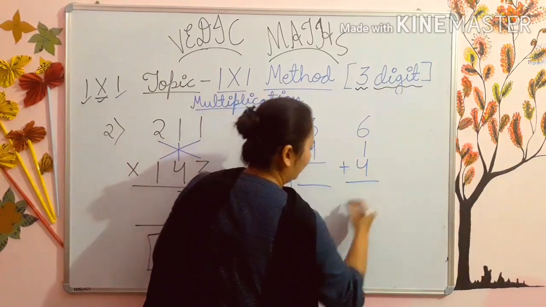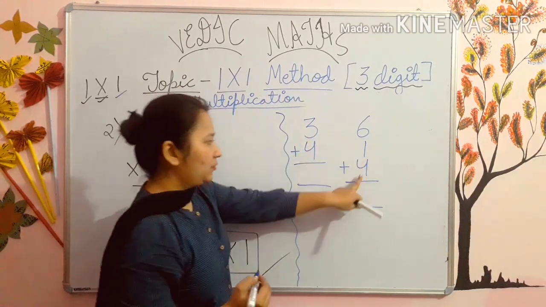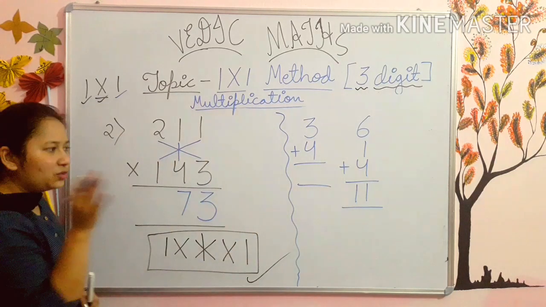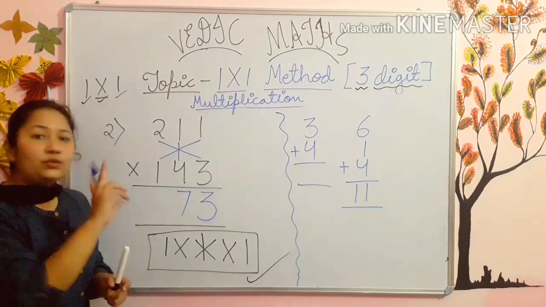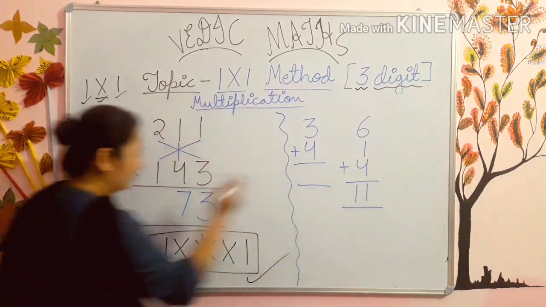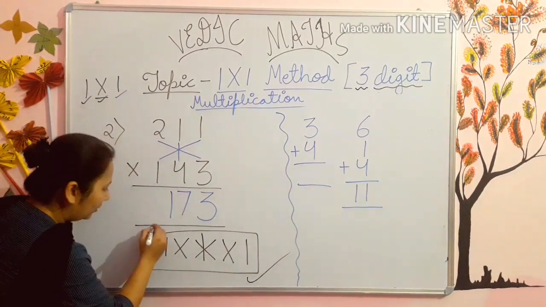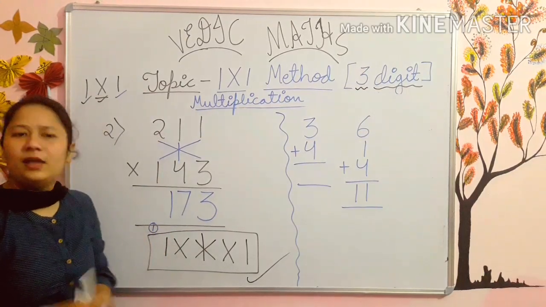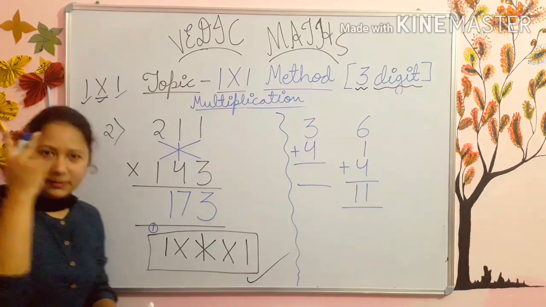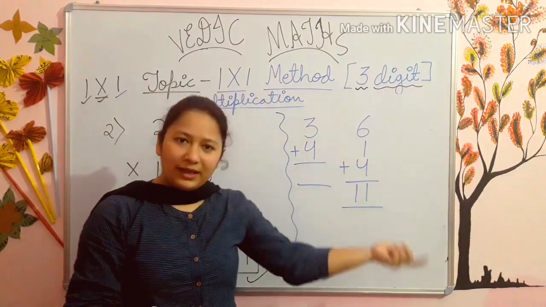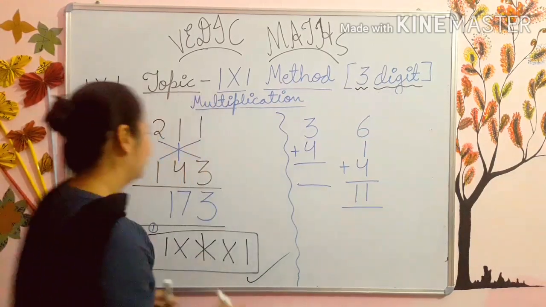Now add them. 6 plus 4, 10, 10 plus 1, 11. Now kids, as you can see, 11 is there. So you will not write 11 here. You will only write this number, and 1 will go carry to the left hand side. As you always do, when double digits are there, what you do? You write 1 and 1 will go carry to the left hand side.